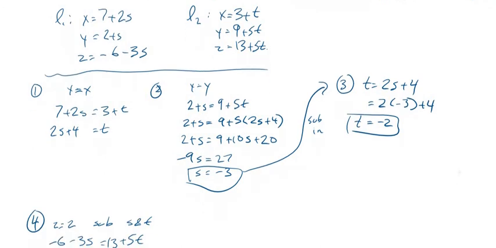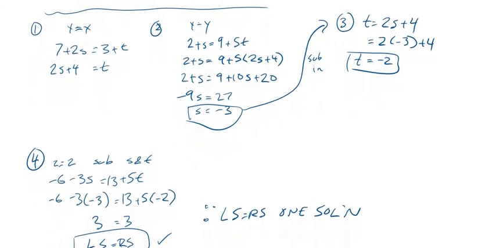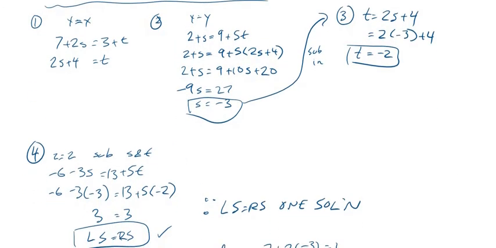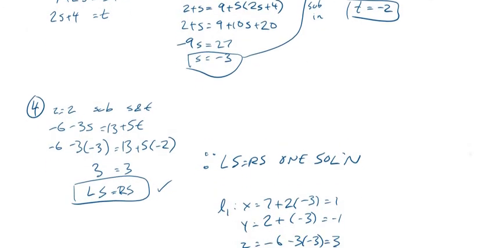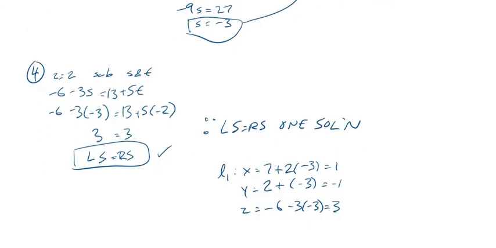So again, now we have two parameters that we can plug into either equation, and they're going to give us our x and y values, but we have to check and see if it works for z. And this spot here, part 4, looks a little bit different, but essentially it's the same basic idea. We're going to test our s and t values and see if they give us the same results. The only thing that looks a little different is that we set z equal to z.